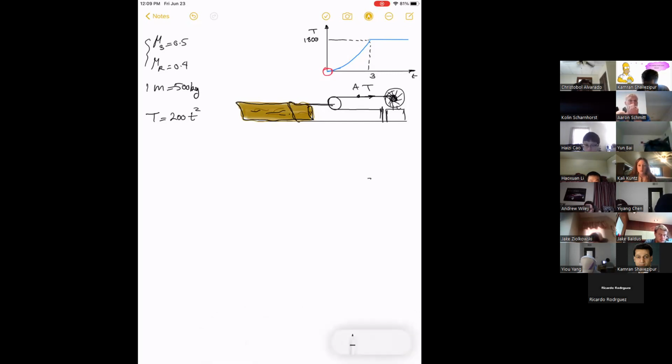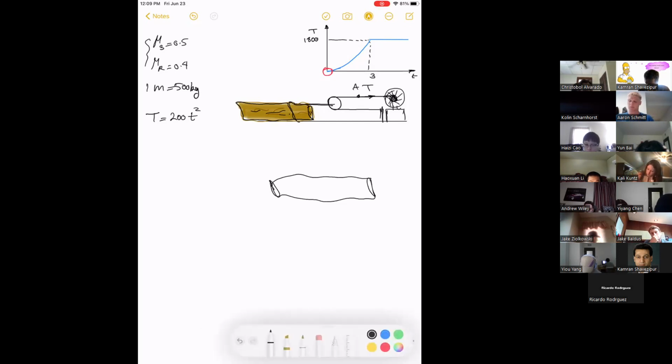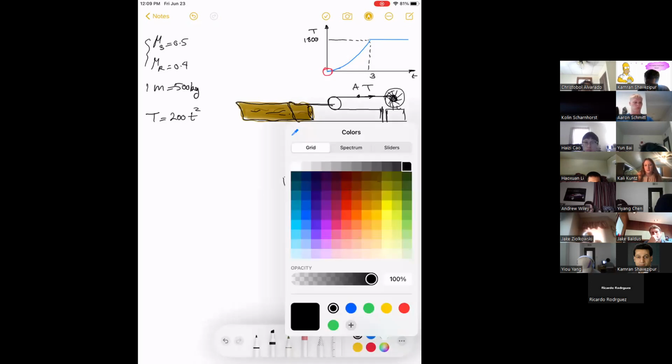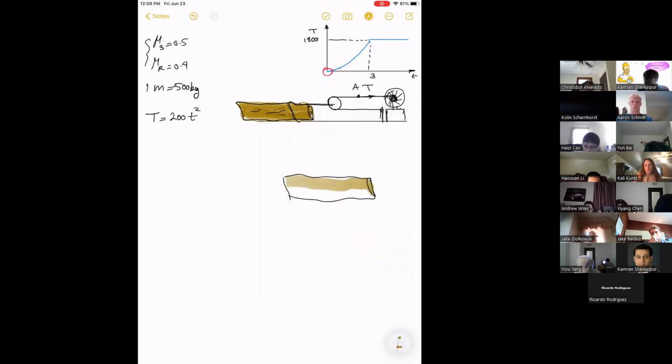Let's say this is the log, right? This is your log. You have a tension force here. How much is this force?